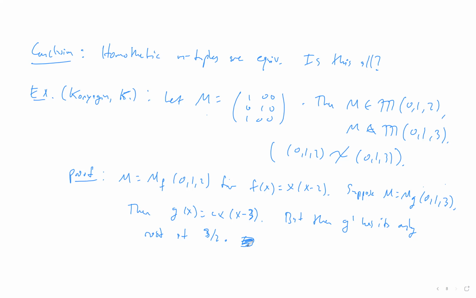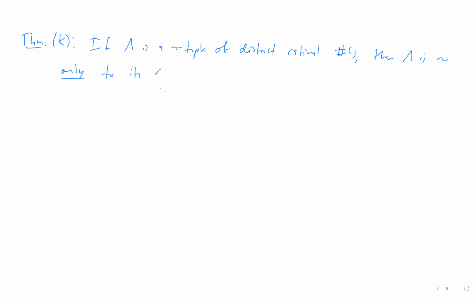So this example generalizes in sort of an interesting way. Okay, and let me tell you what that is. If lambda is an m-tuple of distinct rational numbers, then lambda is equivalent only to its homothetic copies, as defined above.